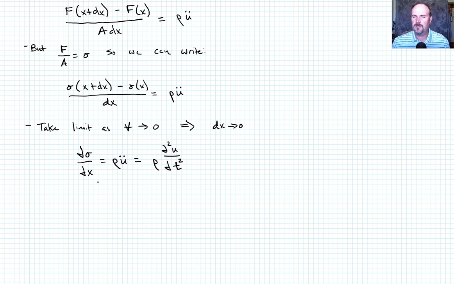Okay, so this is the equation of motion, in this case just a single equation. So the equation of motion in 1D.